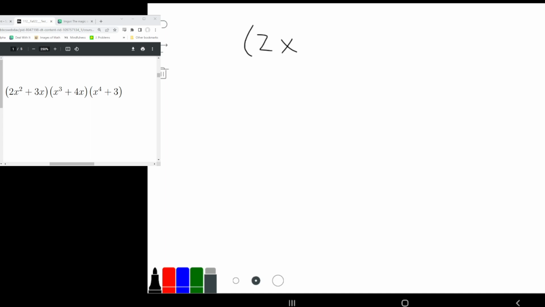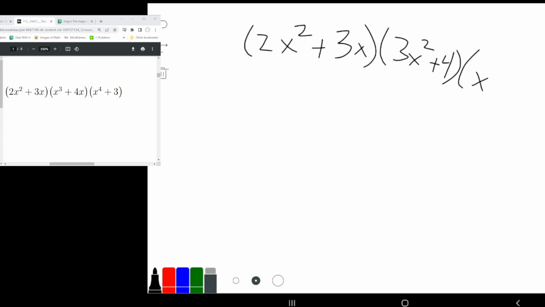Jeez Louise. Really cuts away from my point when my marker is slowing me down. I could leave the 2x squared plus 3x alone and then multiply it by the derivative of the middle term, which would be 3x squared plus 4, times, and then just the x fourth plus 3, again left alone, plus.